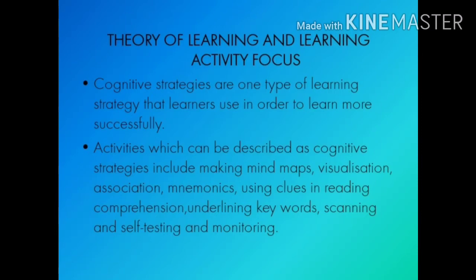The first, cognitive strategies, are one type of learning strategies that learners use in order to learn more successfully. These include repetition, organizing new language, summarizing meaning, guessing meaning from context, and using imagery for memorization.